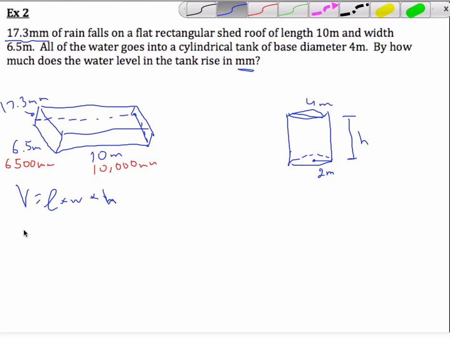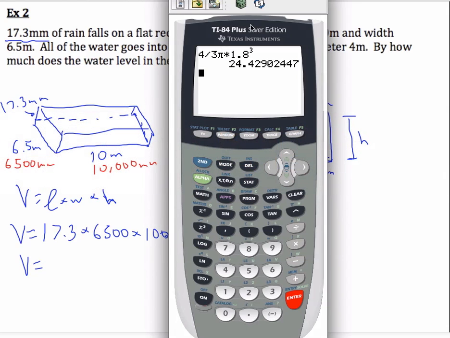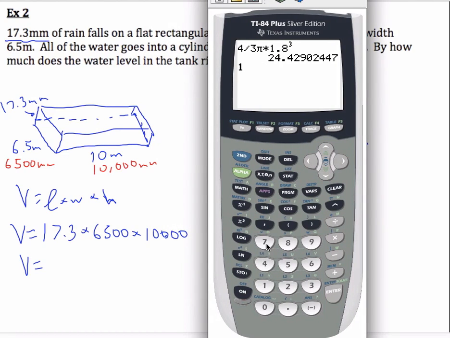Okay, so then I can do my calculation. My answer is going to be in cubic millimeters. So volume equals 17.3 times 6,500 times 10,000. Okay, so I'm going to do that on the calculator. 17.3 times 6,500 times 10,000.